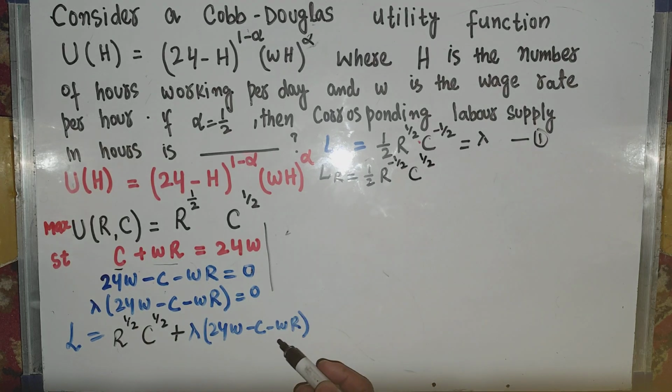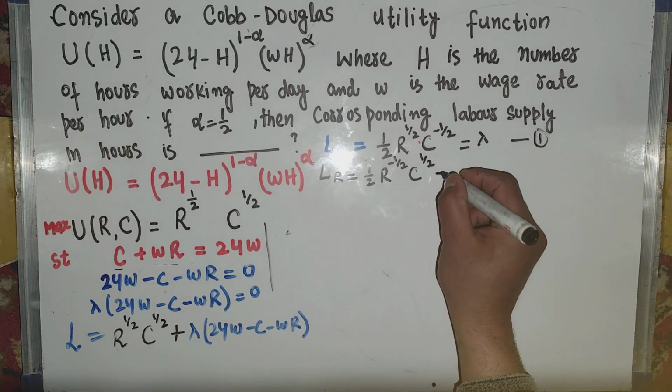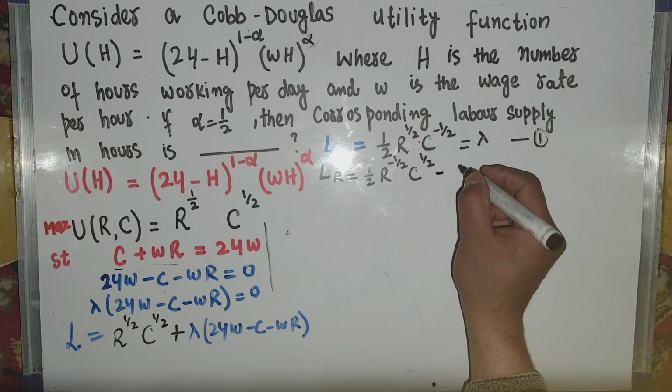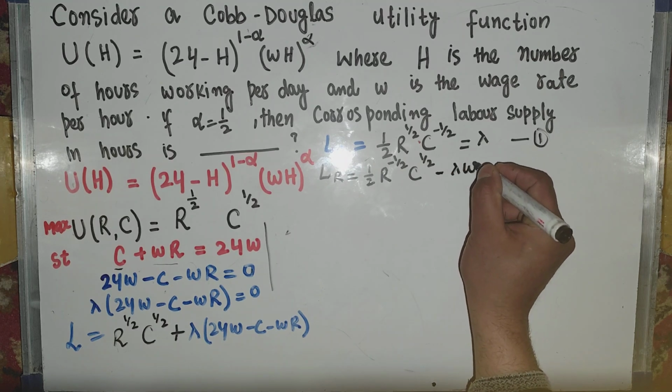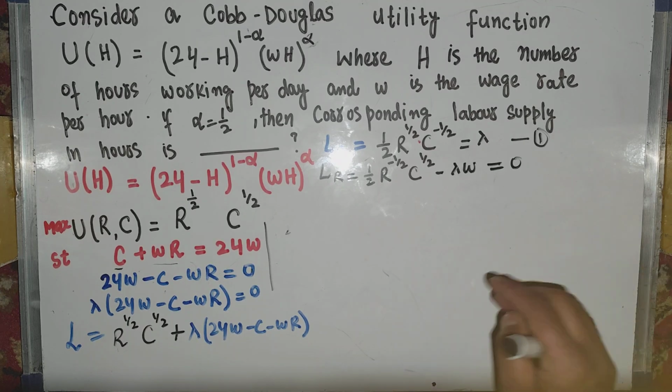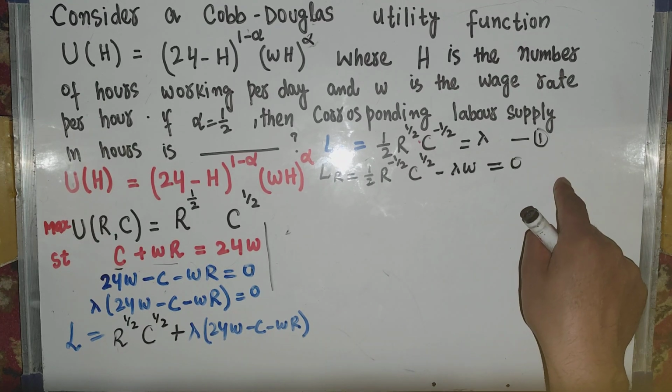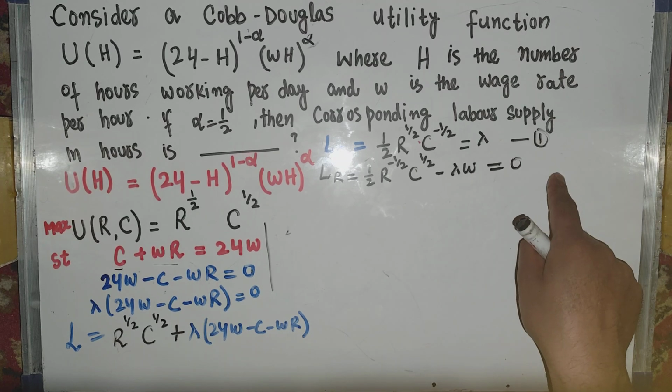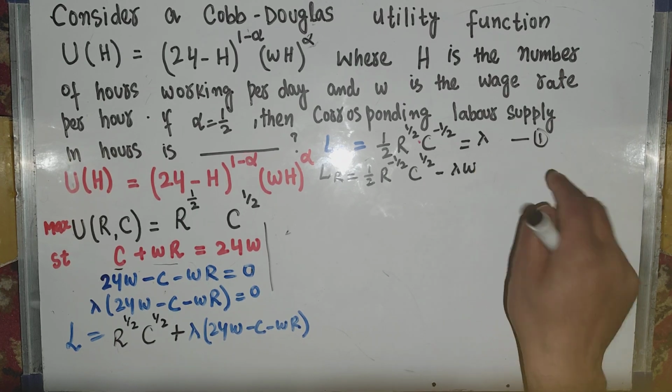Then the derivative of R will be 1, so we are left with minus lambda W, which should be equal to 0. Now if we transpose this to the RHS, it becomes positive.